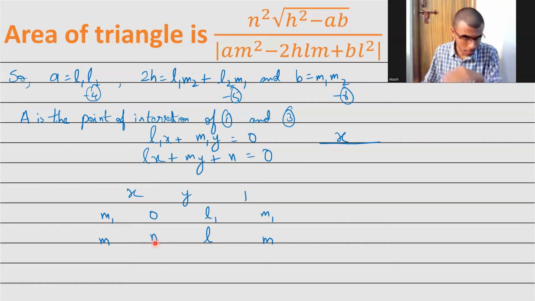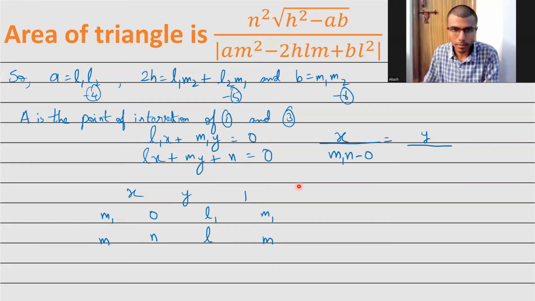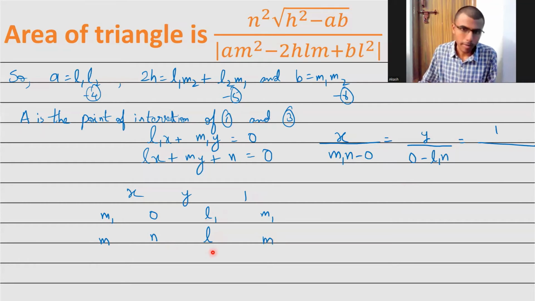Now x divided by M1 into N minus M into 0, so x divided by M1N, is equal to y divided by 0 into L minus N into L1. 0 minus N into L1, I'm going to write it as minus L1N. This is equal to 1 divided by L1M minus LM1.